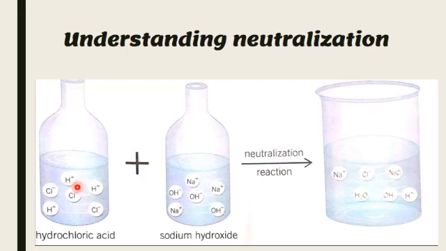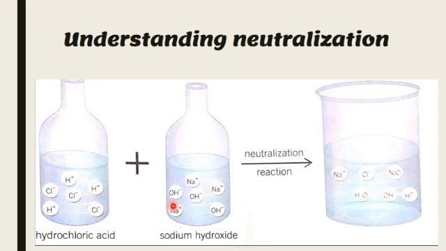Nitric acid, HNO3, also contains one hydrogen ion. Hydrochloric acid contains hydrogen ions and chloride ions. There is the same number of hydrogen ions as chloride ions. You can see here 3 hydrogen ions and 3 chloride ions.